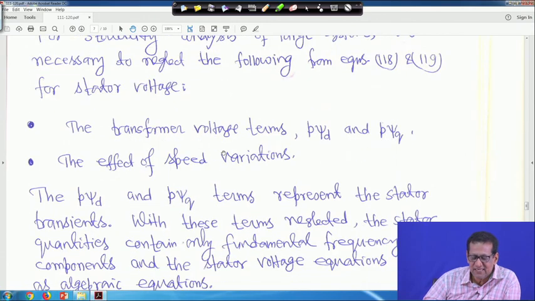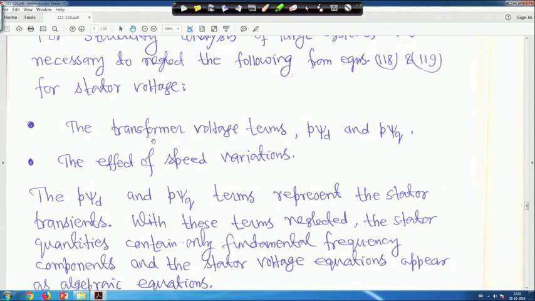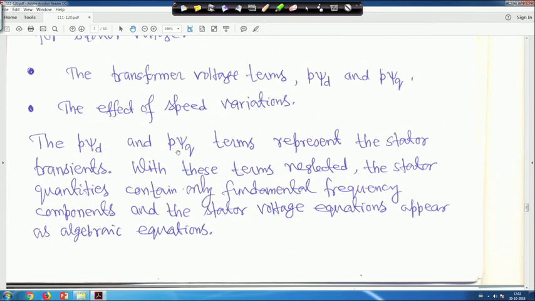From equations 118 and 119 for stator voltage, it is necessary to neglect the following terms. The first is the transformer voltage terms P psi d, that is psi d dot, and P psi q, that is psi q dot; these will be dropped, and similarly the effect of speed variation will also be dropped, right. The P psi d and P psi q terms represent the stator transients.